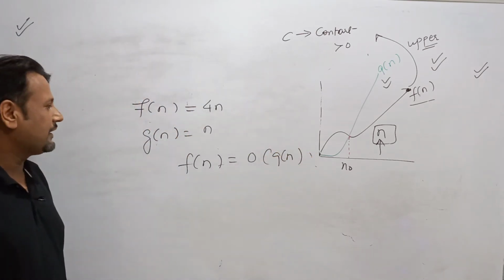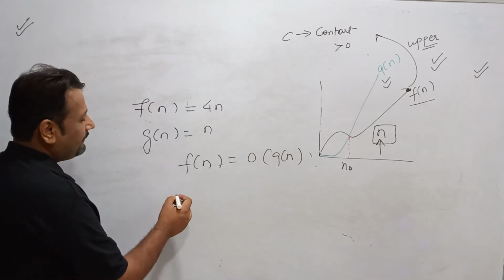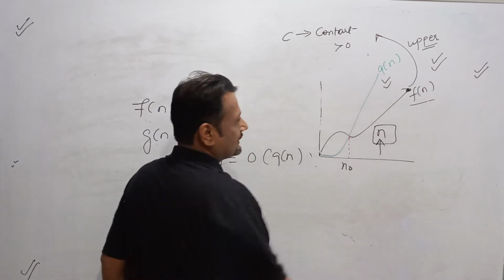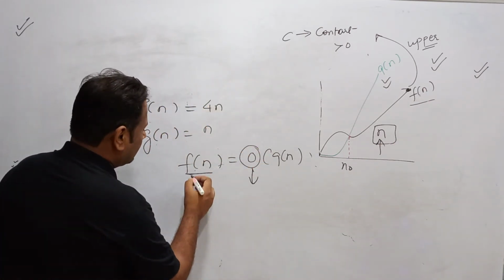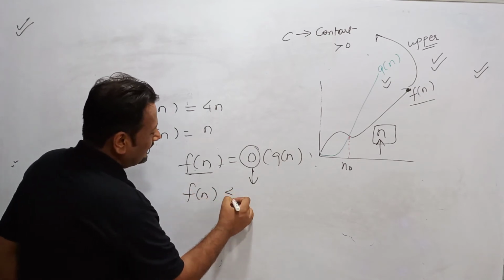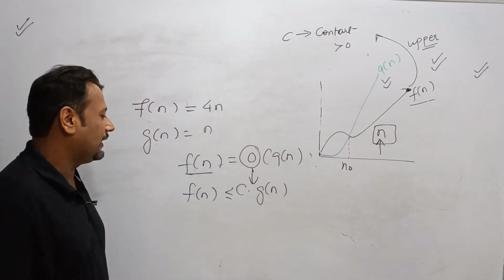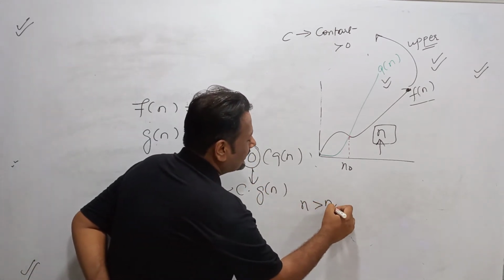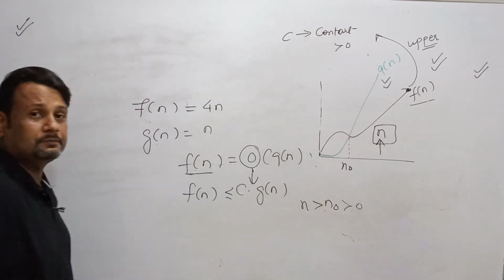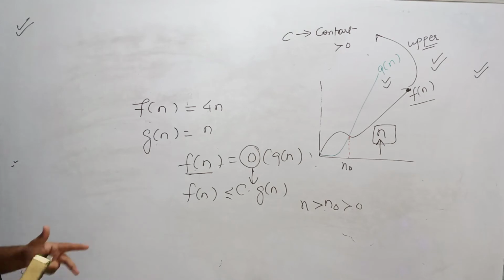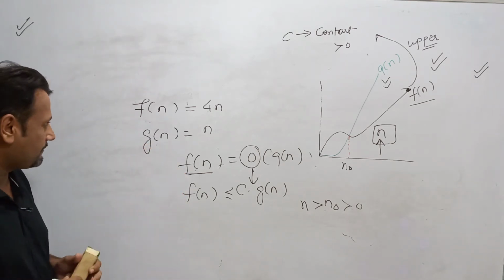What I told you is this can only be written if I can prove that, in this worst case situation, Fn is always going to be less than or equal to g of n. We can prove it by taking a constant value and any value of n greater than n naught, and n naught can be greater than 0. Now what is the meaning of this? This can be written if we can prove this. Now let us try to prove this.